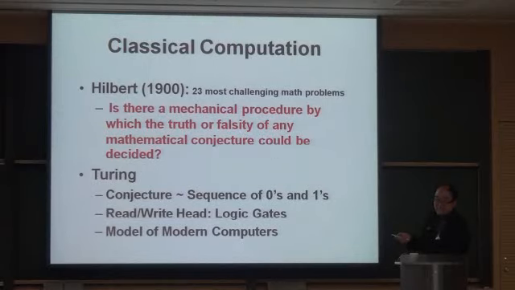Is that a correct translation? Okay, I have to be careful in front of mathematicians. And then Turing picked up this problem, and he translated the conjecture into a sequence of zeros and ones. And the read-write head is a logic gate, and this became the model of modern computers.